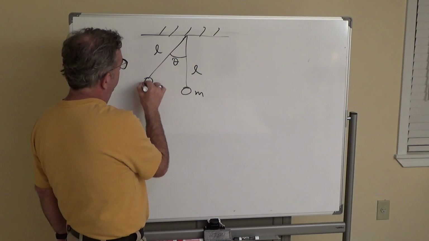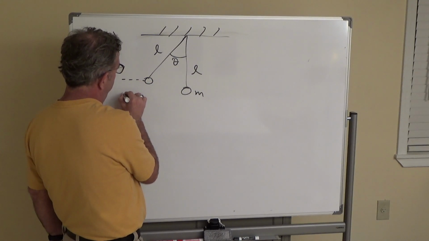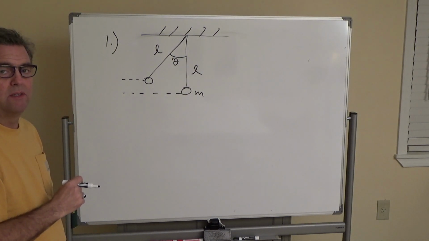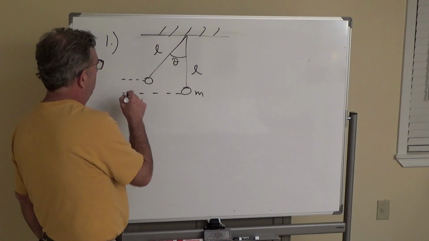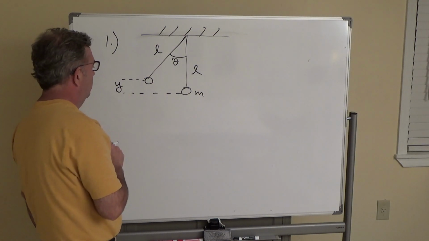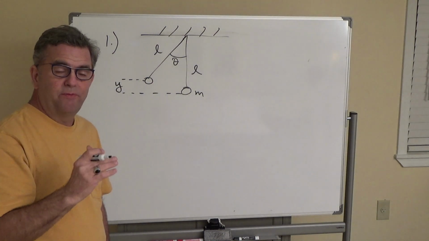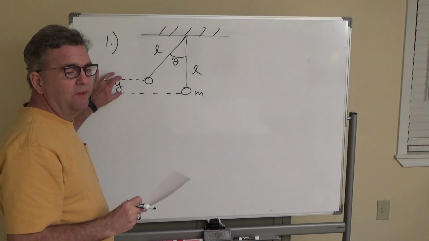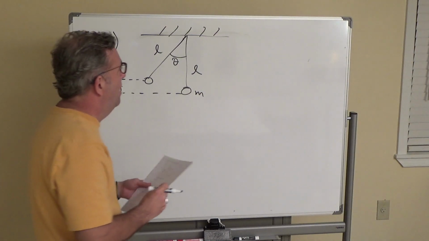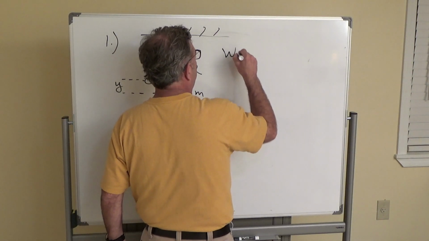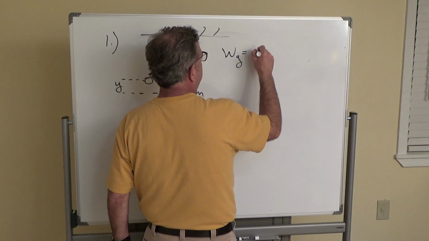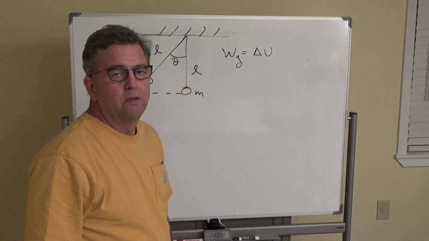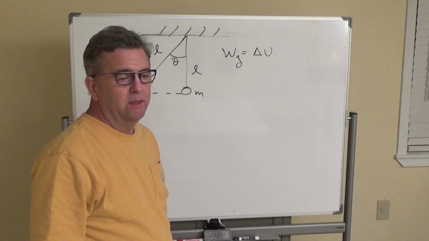And so this height, this difference between those two heights, call it y, all right? That difference will give you how much work is done by gravity, because you know the work done by gravity is equal to the change in potential energy, which in this case would be mgh.